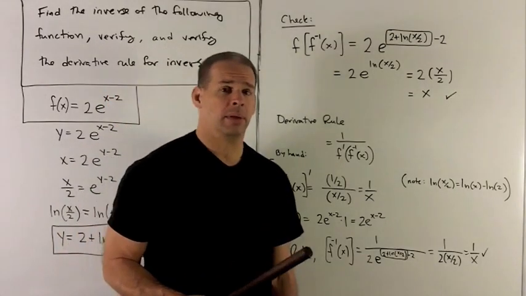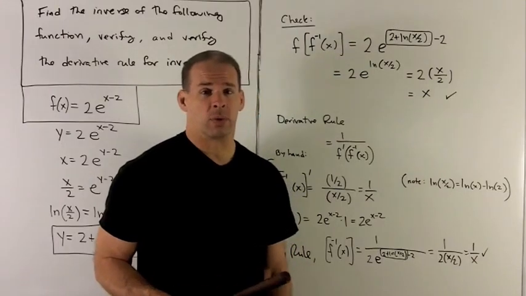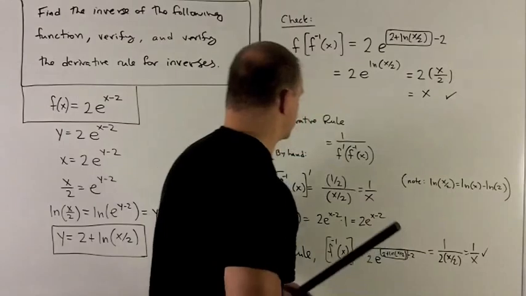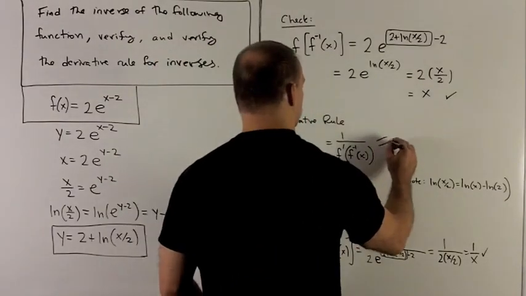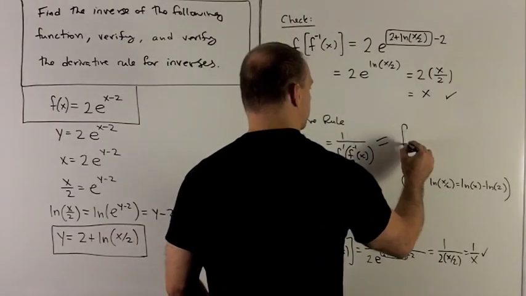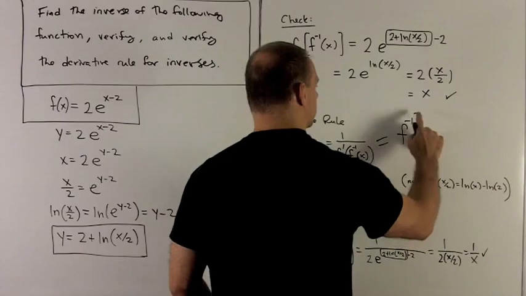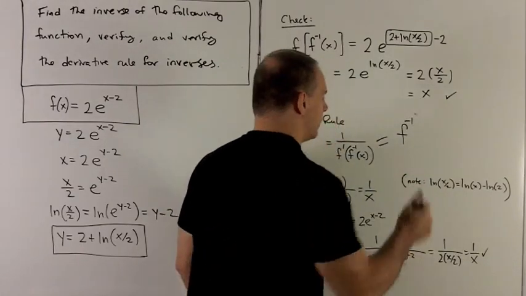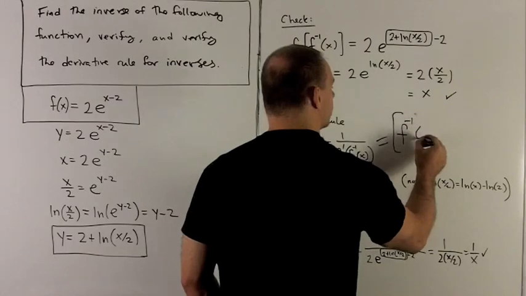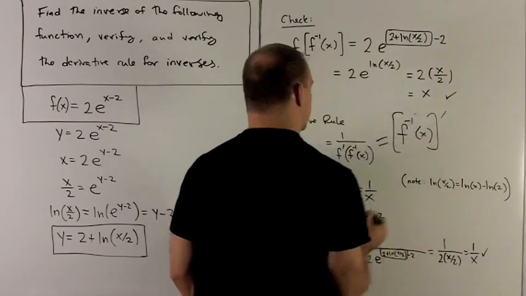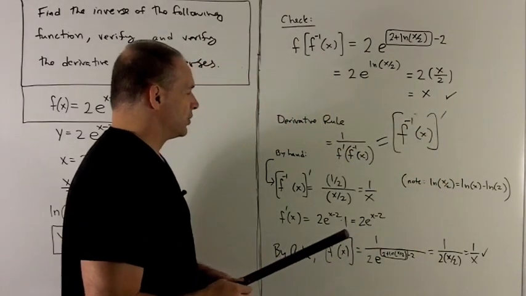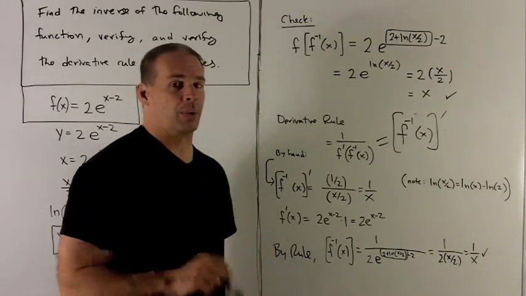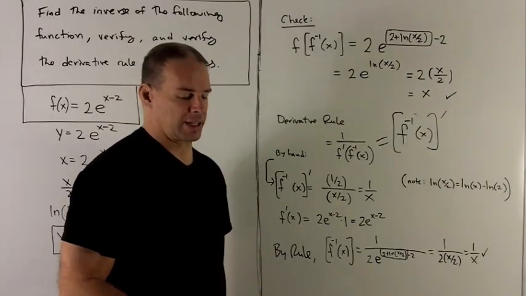For the last step, I want to verify the derivative rule for an inverse. What does that say? That says if I take the derivative of an inverse, that's going to be the same as if I took 1 over the derivative of the function, and then I evaluate at the inverse function at x.